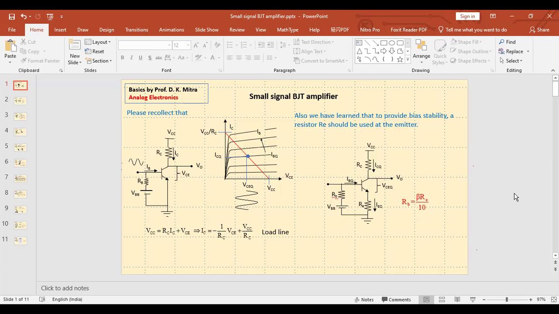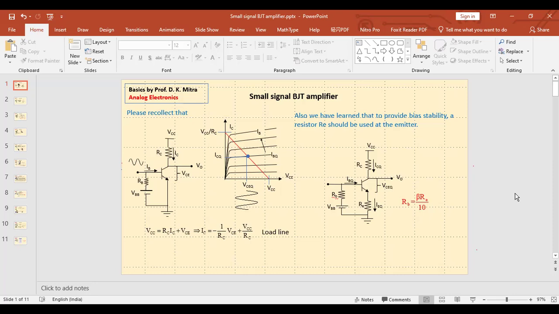We keep the signal value very small so that within the diode characteristics, whatever the small range it occupies, the characteristics can be considered linear. And that is why we call it small signal BJT amplifier. If your input is very large, then amplifier design would be something else.